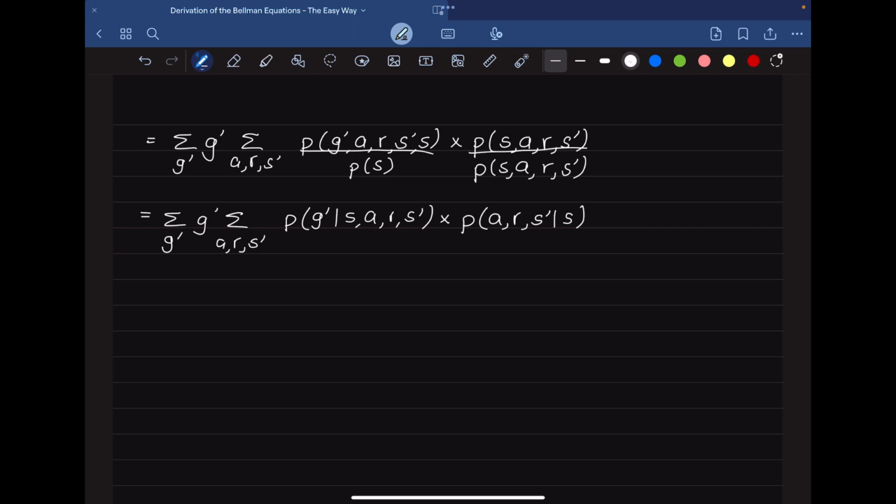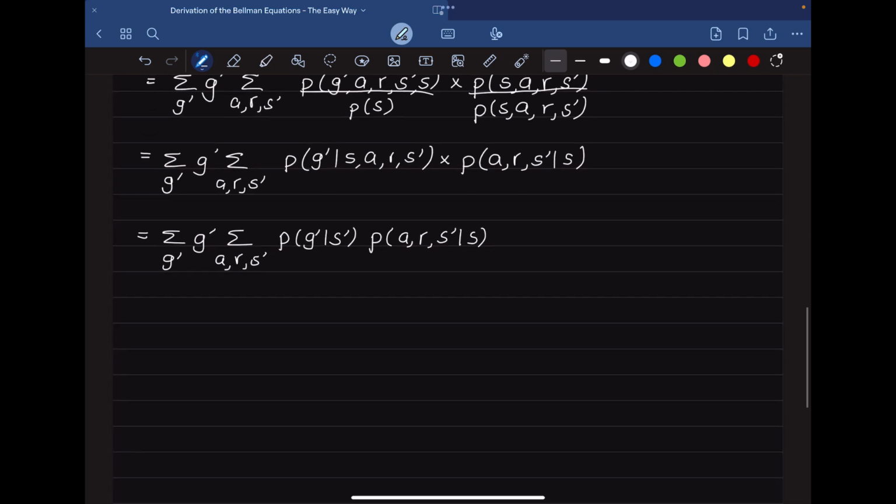So we can simply say that this is equal to summation over all the G primes, G prime, summation over the actions and rewards and s primes. This is the probability of G prime given s prime times the probability of a, r, and s prime given s.